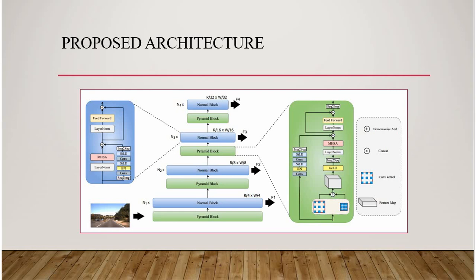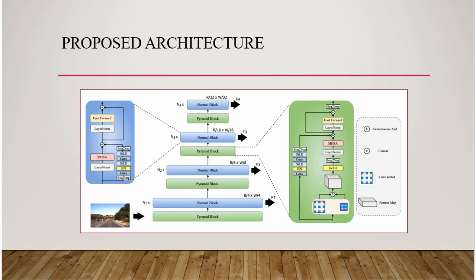This section provides an overview of our model and then describes the proposed pyramid transformer architecture in detail. As an overview of our architecture, pyramid transformer aims to introduce the pyramid structure into the vision transformer, so that it can generate multi-scale feature maps for dense prediction tasks.